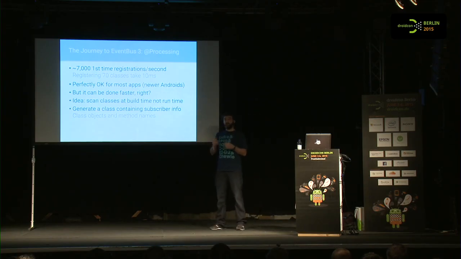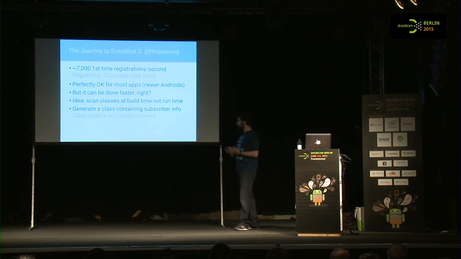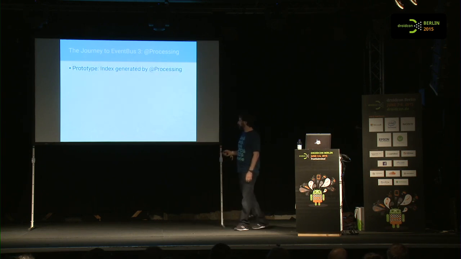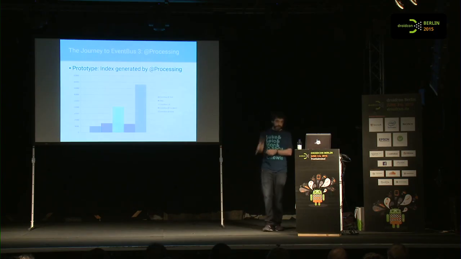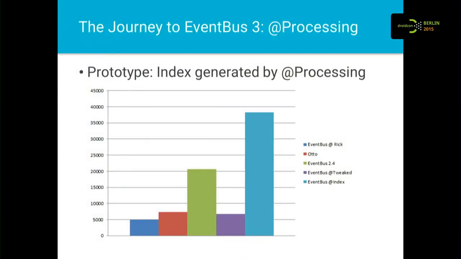By scanning all the annotations at build time, a new class is generated, and this class stores an index of all annotations. This way, it should be faster. So I made a prototype, and this is the performance result, and it's way faster, even than EventBus 2.4.